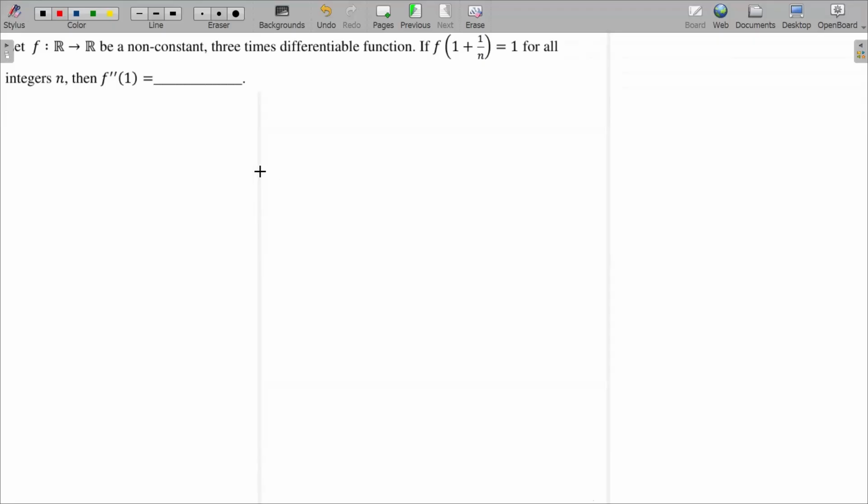This is again a constructed one. So forget f double dash. Can you say what is f dash at 1?